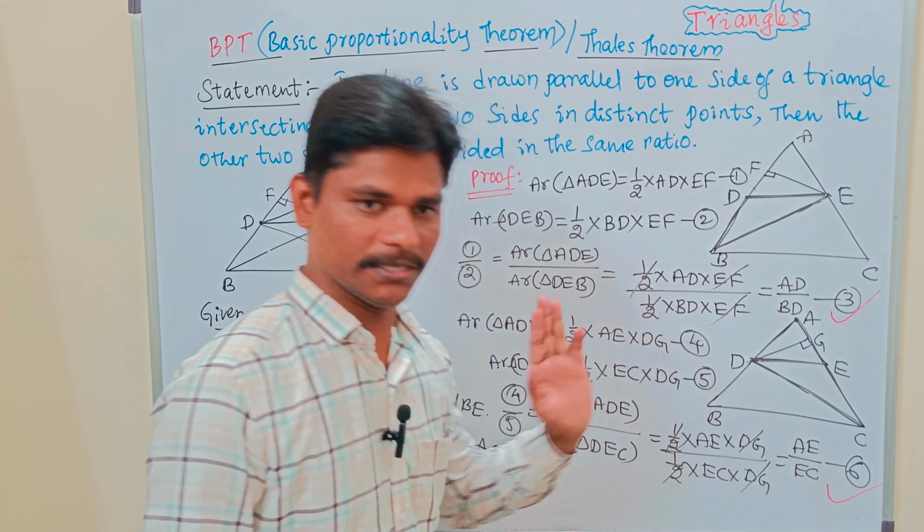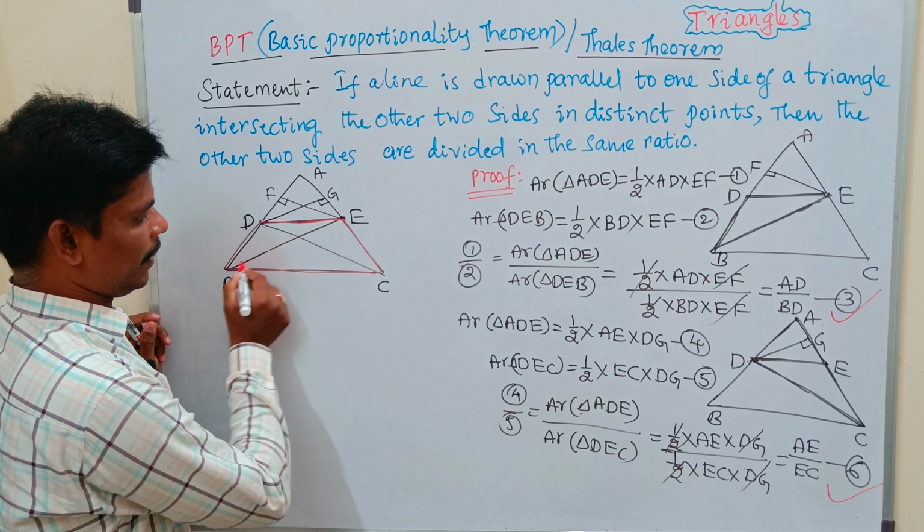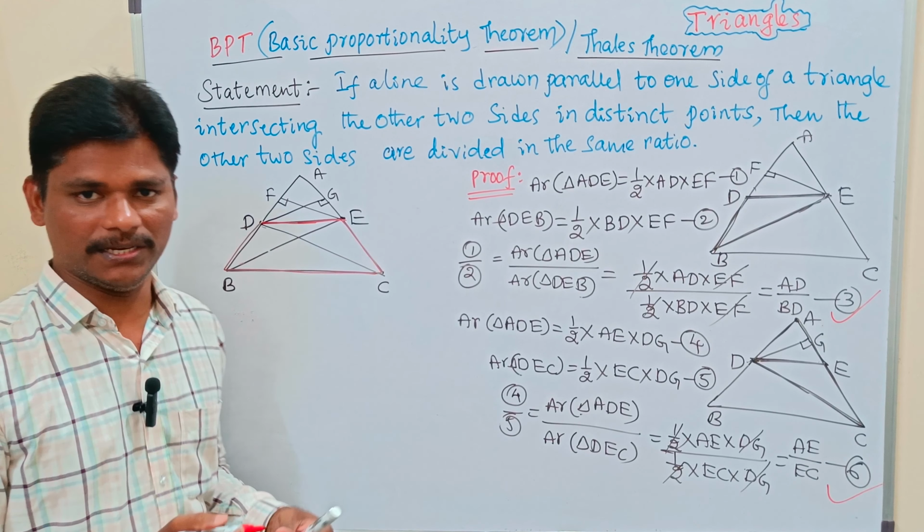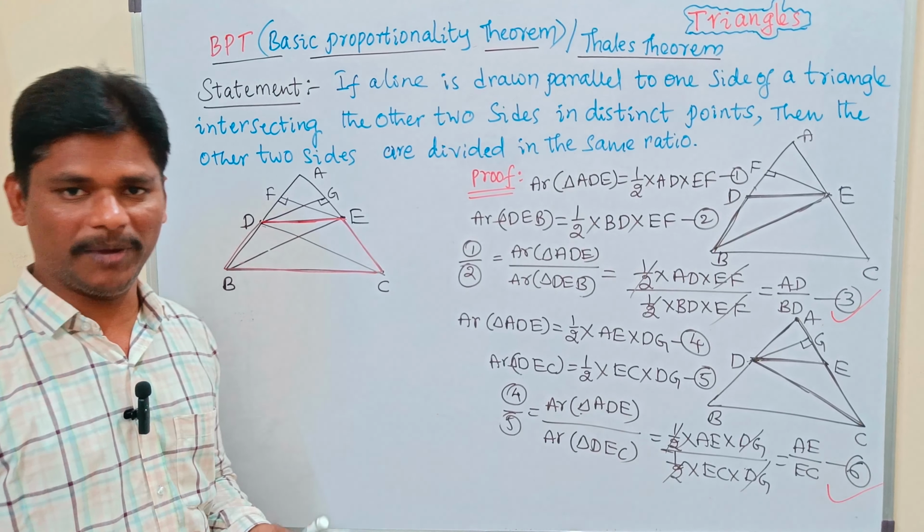So this is a trapezium. In this trapezium, these two lines are parallel. So this triangle DEB and triangle DEC have the same base and lie between two parallel lines. So then the areas of these two triangles are equal. Okay.